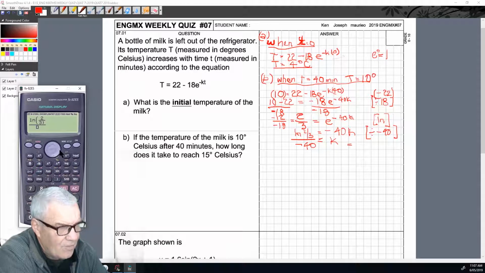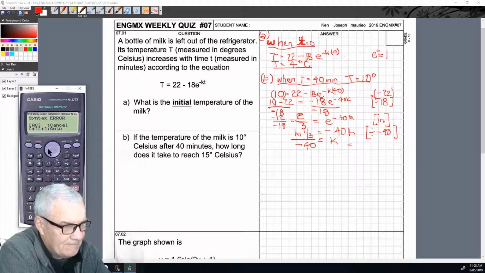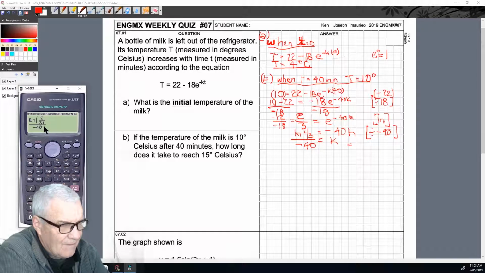Oh, and then we can make that negative 40 equals, oh, didn't like that. I think that might be, oh dear.